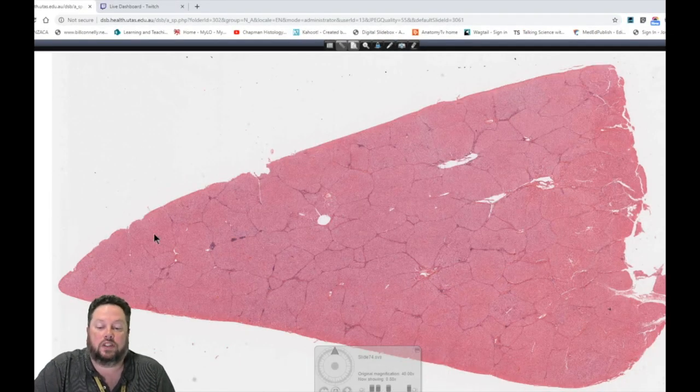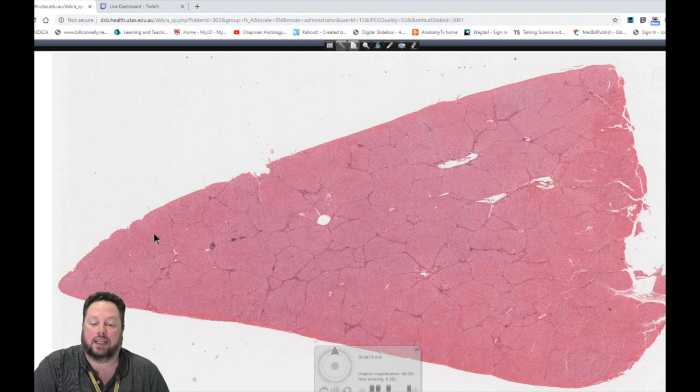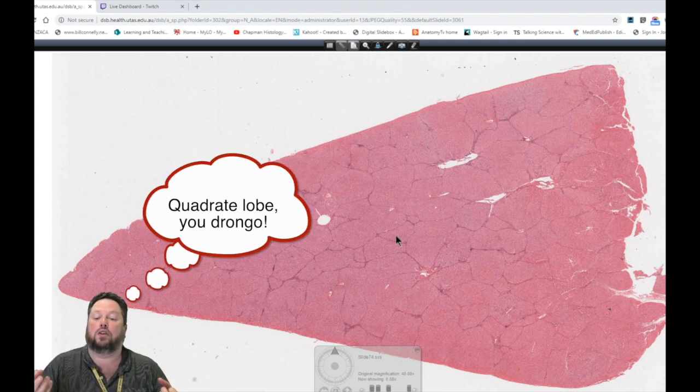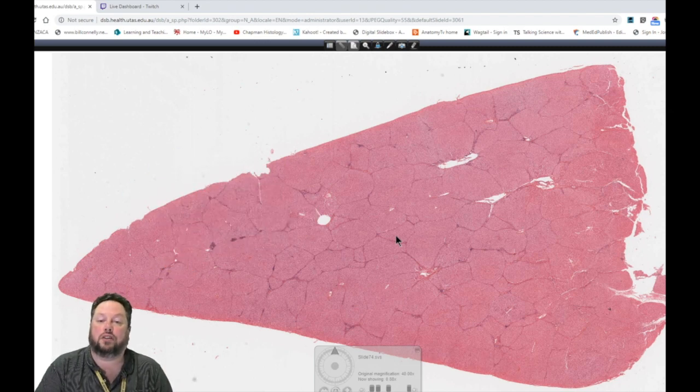So this is a section of the liver from a pig. Now we can tell that it's a section of the liver of the pig because it has these very well defined lobules. So the liver is made up of lobes, 4 lobes, right, left, hepatic and caudate lobes, and then those lobes are subdivided by connective tissue or stroma into lobules.